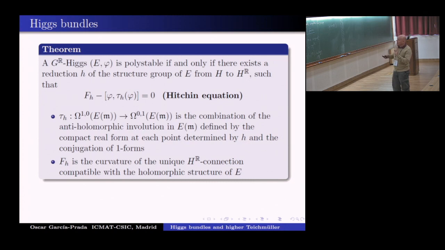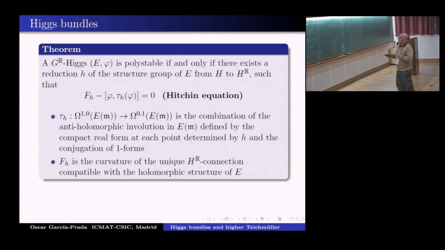And this term involves tau_H, a conjugation that uses the anti-holomorphic involution given by the real form, combined with the usual conjugation on the Riemann surface going from (1,0)-forms to (0,1)-forms. So in the familiar case of SL(n,C), this term is just phi star, the adjoint, right? So this is the generalization of that.